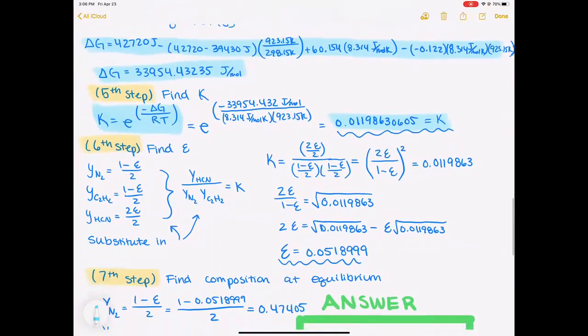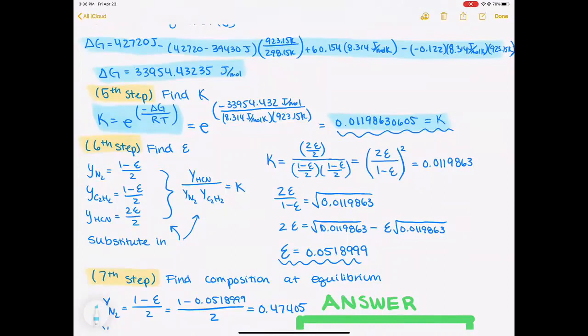So once you find K, then you find epsilon. Epsilon is found from the vapor molar compositions of each.